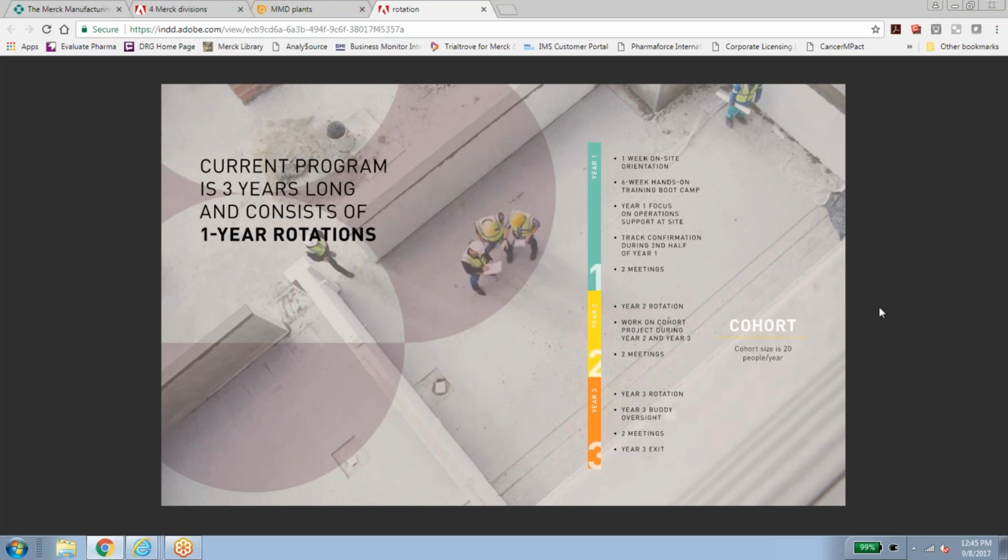And part of our program design entails each cohort of 20 people working together to complete a cohort project that is assigned to them. These cohort projects can definitely, I guess, run the range in terms of scope and also the area that they support, depending on what the most critical business needs are at the time.